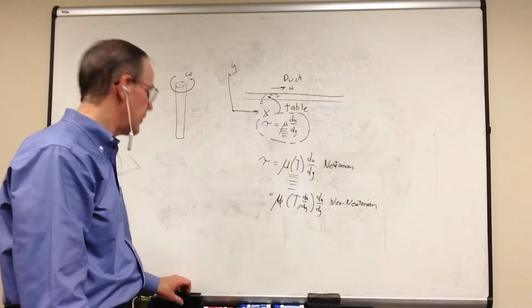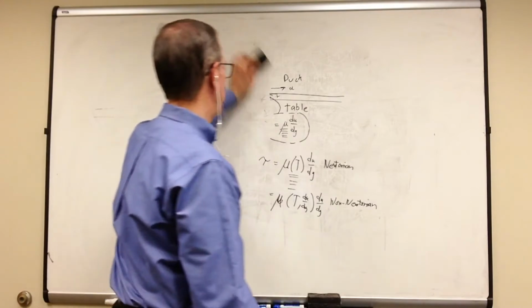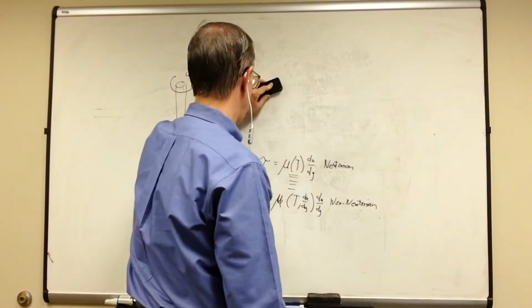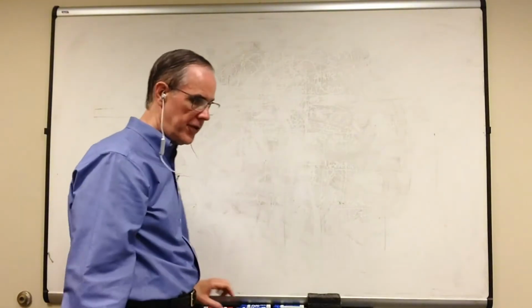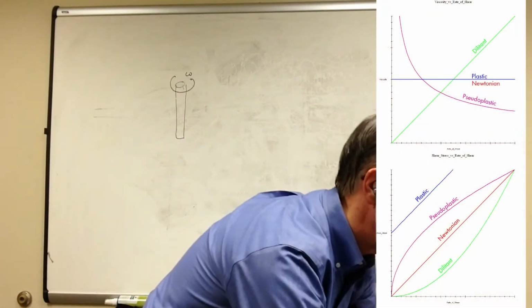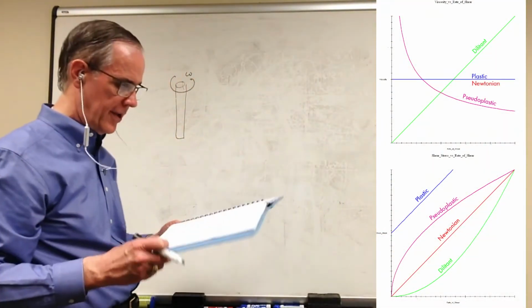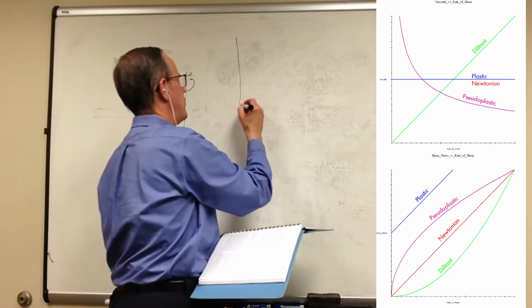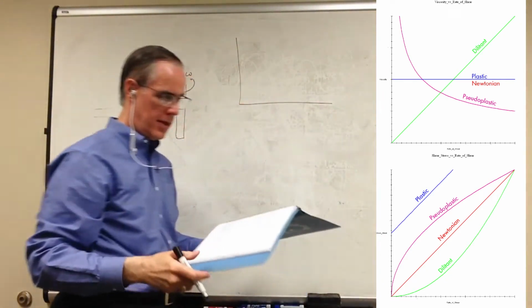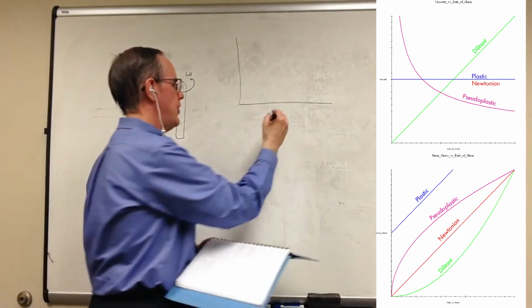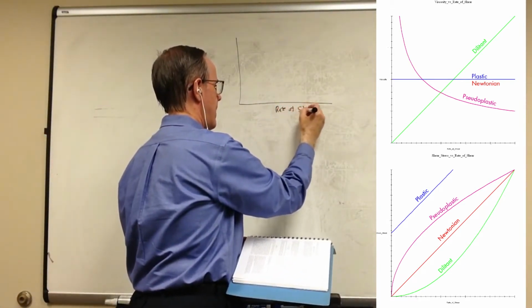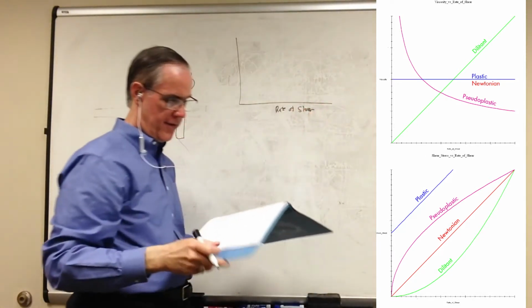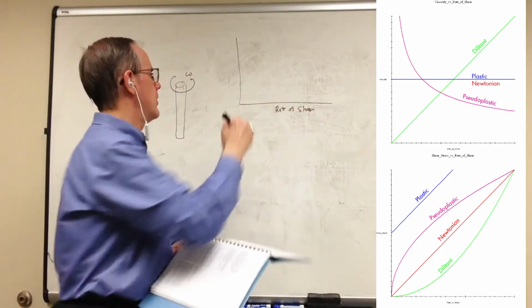There are a couple of ways of doing this. The first way, and the way you see in many textbooks, is like this. You see charts that look like this. This is rate of shear versus shear stress.